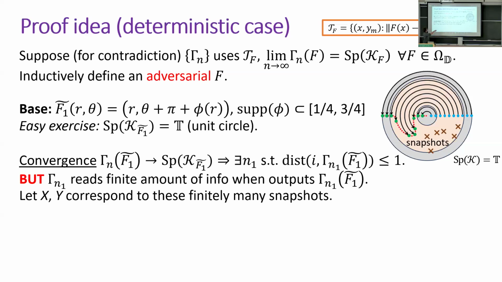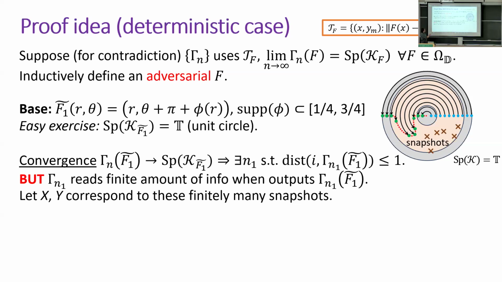Because we assumed convergence, there exists some integer n1 so that the output of the algorithm is close to i, i being inside the spectrum. I'm going to assume that it's 1 close. But when the algorithm spits out its answer, it's only been able to read a finite amount of information, and that's the only assumption I'm making about my algorithms.